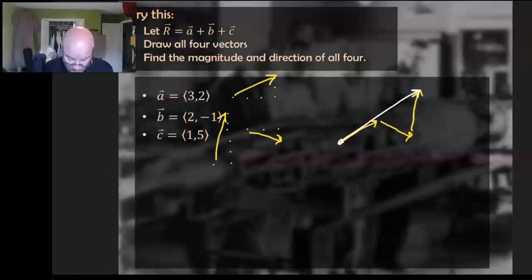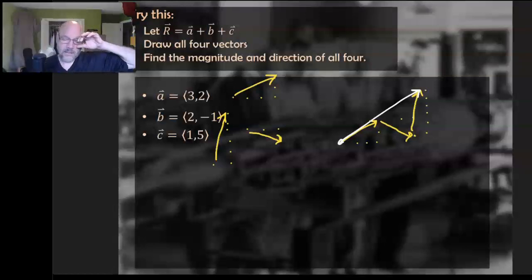Now let's break it down. So A was 3 over and 2 up. B was 2 over and 1 down. And C was 1 over and 5 up.